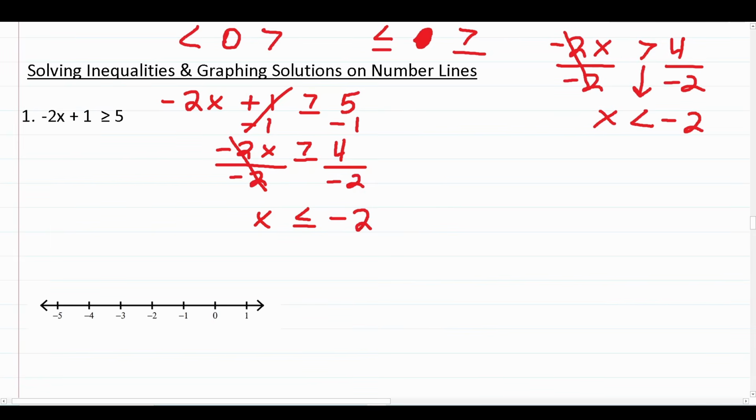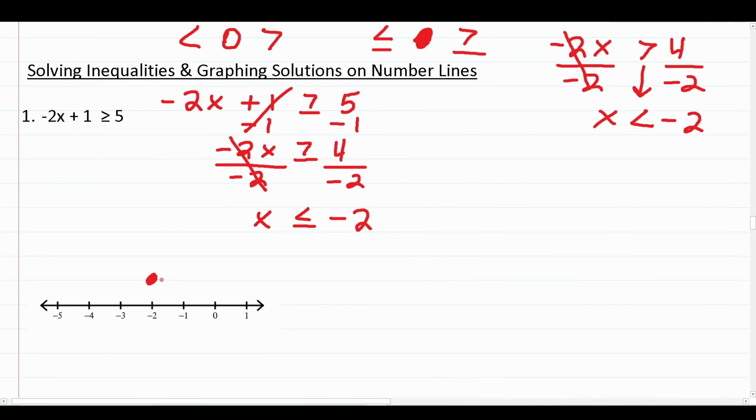All right, so as far as graphing this goes, we're going to start at this negative 2, and we're going to put a closed circle above it, since I just mentioned that in our instructions here. And we're looking for all the x values that are less than or equal to negative 2. Well, is 0 less than negative 2? No, 0 is bigger than negative 2.